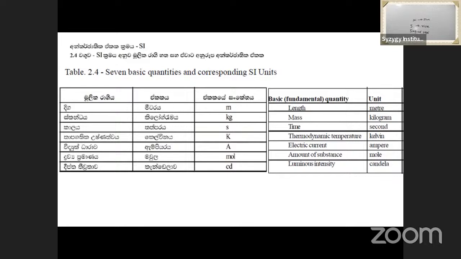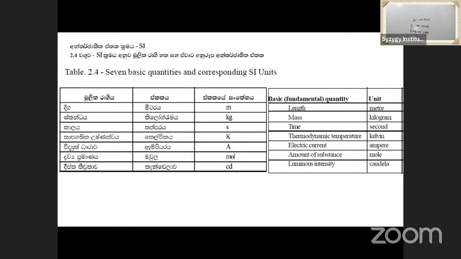Okay, these are the main seven basic quantities and corresponding SI units, right? What's the meaning of SI units? Actually, it represents international standard. But I think there's an organization called ISIS, no?